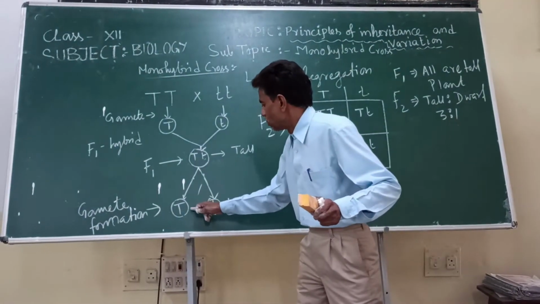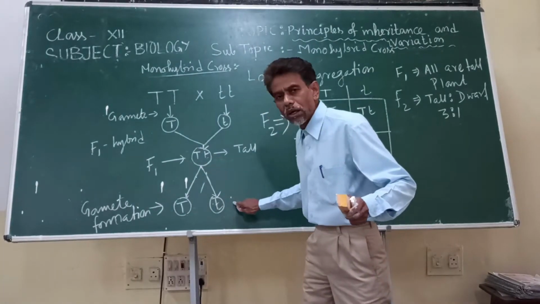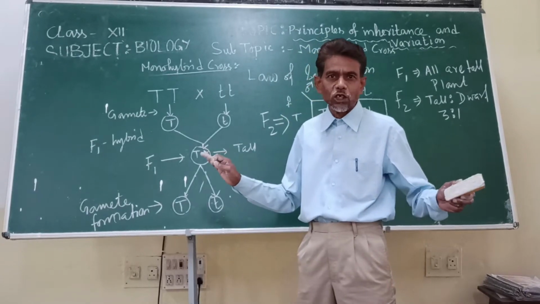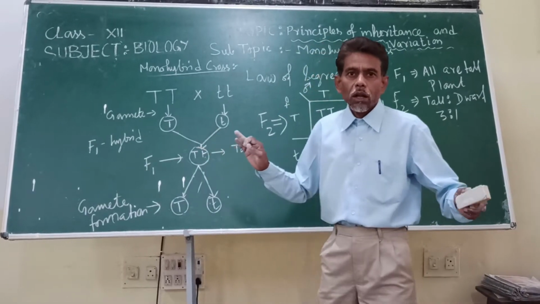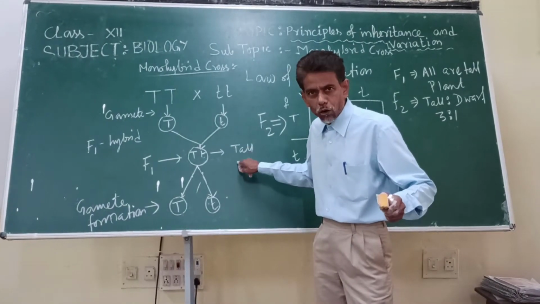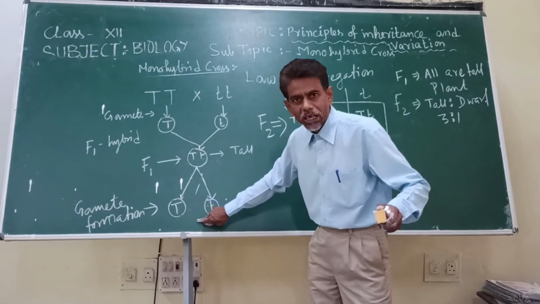One type of allele enters one gamete, another allele enters the other gamete. This is what we call the law of segregation. So Mendel, from his first monohybrid cross experiment, gave this law of segregation.